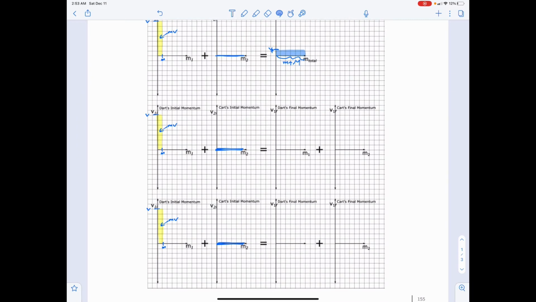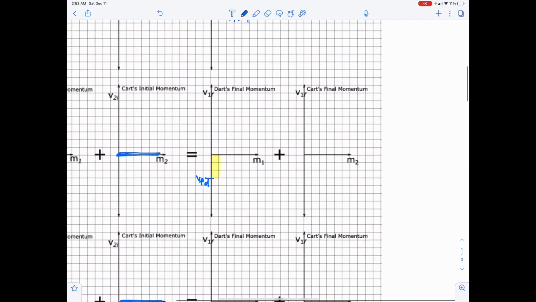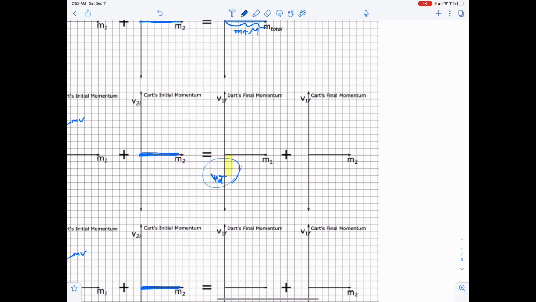Okay, so in case 2, the dart is going to bounce backwards. So I'm going to go ahead and bounce the dart backward. It's going to have a little backward momentum. That would be the final speed of the dart. It'll be negative, hence the negative velocity.